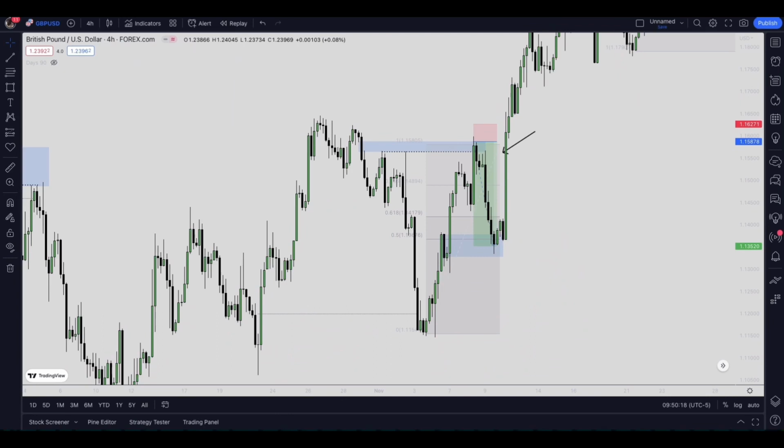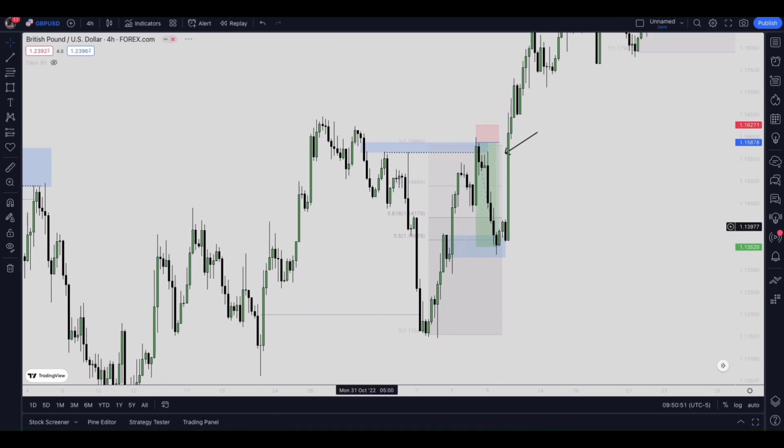So let's just look at this setup. So right away, when equal highs are generated, we anticipate a move away from it, preferably in a deep discount.